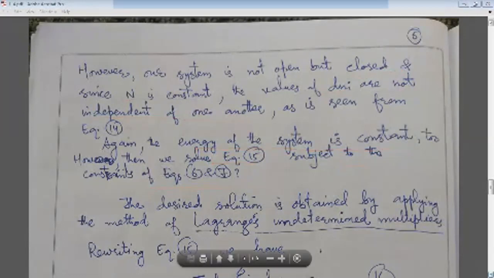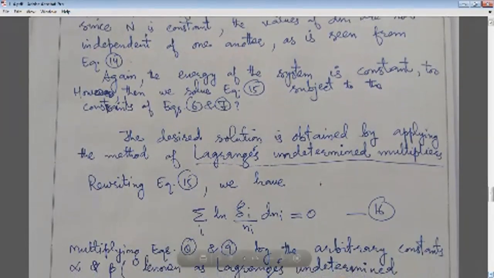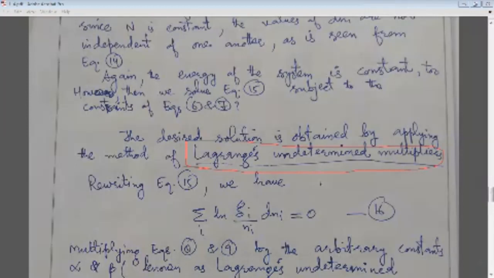So the desired solution is basically obtained by a method that is called Lagrange's undetermined multipliers. We will discuss this method in the upcoming lecture, but here you simply have to remember that equation 15 can be solved by Lagrange's undetermined multipliers.